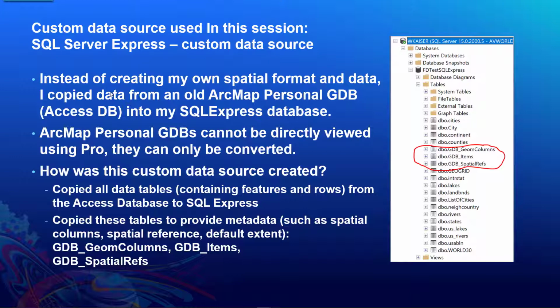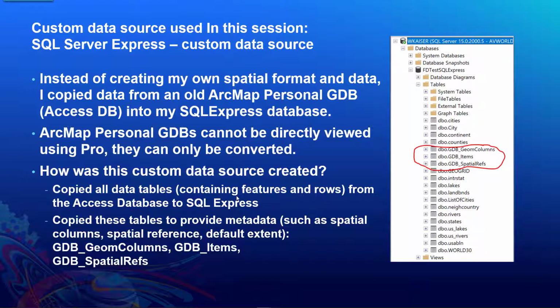So how was this custom data source created? I copied all the data containing features and rows. These were all the tables that you see on the right side, like cities, city, continent, counties. I copied all that data over. And then in addition, I copied tables that provided me with metadata, such as spatial columns, the spatial references used by the various feature classes, and the default extents for all the feature classes.